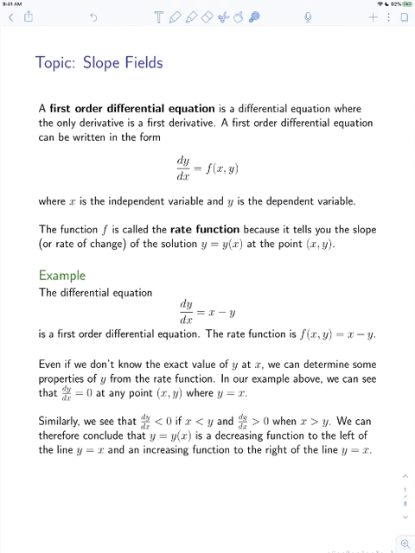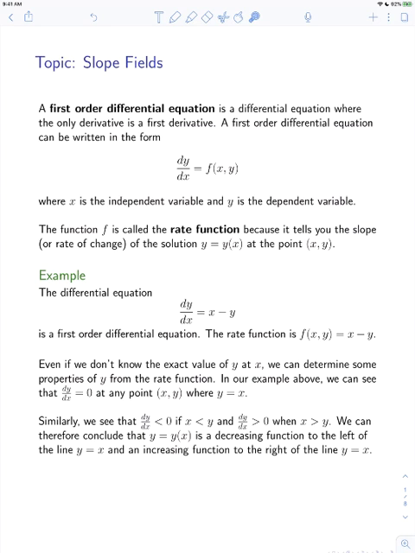So at any point where y is equal to x, our curve y will have a horizontal tangent line, even if we don't know much about our function y equals y(x).